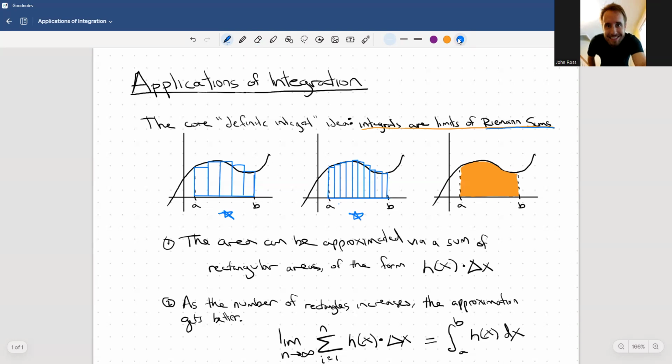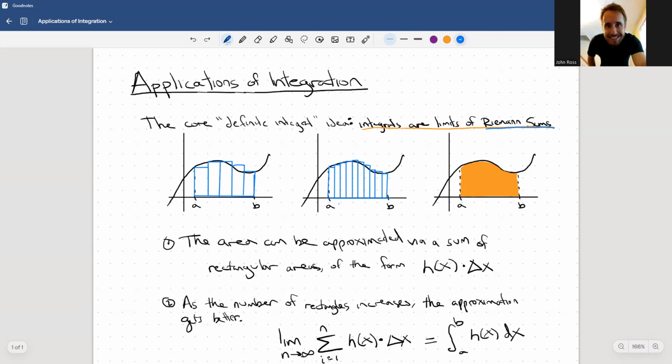The picture in the middle has 10 rectangles. They're the same values A and B, but each rectangle is skinnier as we move to the middle picture. Each rectangle is skinnier. There are more rectangles, and the approximation is better. The over or under estimate is smaller, the error is smaller, and we are getting a better approximation for this true area.